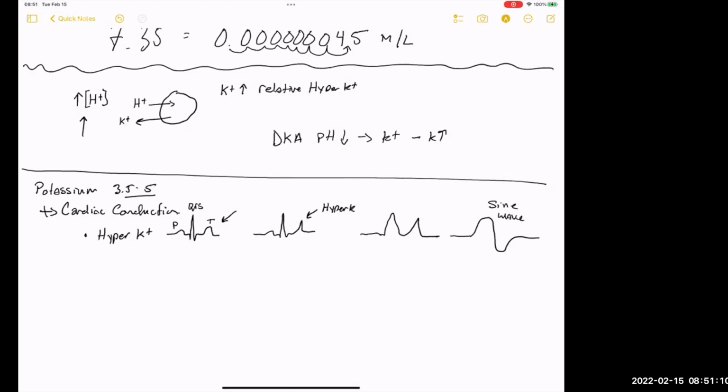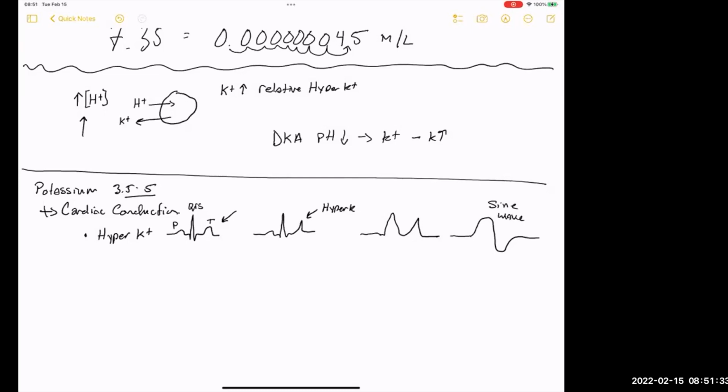And it's just this wide, complex rhythm that develops. And these patients, of course, are at high risk for developing cardiac arrest, ventricular tachycardia, ventricular fibrillation. And these cardiac arrest rhythms will not respond to standard therapies very well.